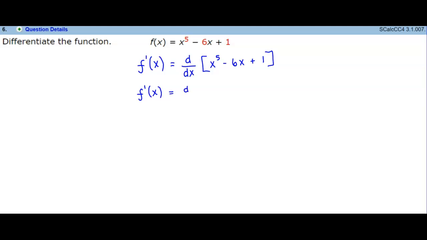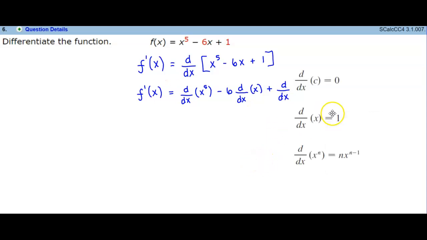So we have the derivative with respect to x of x to the fifth, minus, this is going to be 6 times the derivative with respect to x of x, plus the derivative with respect to x of 1.